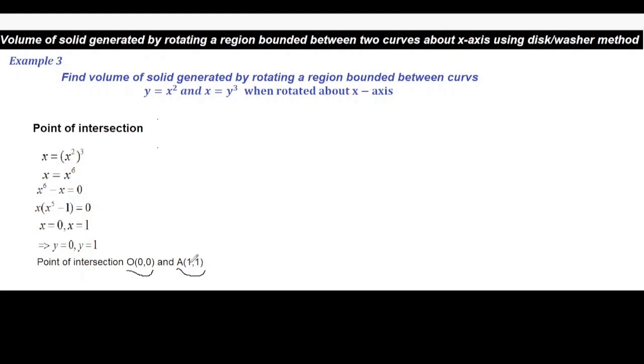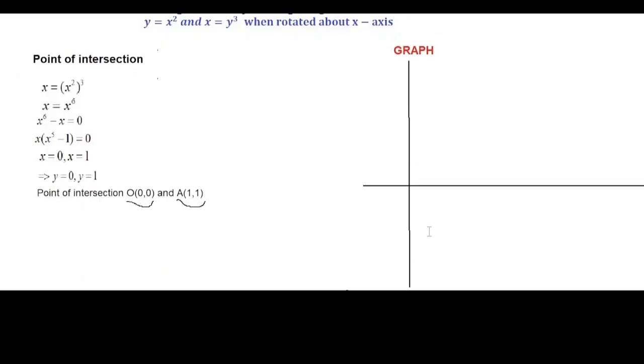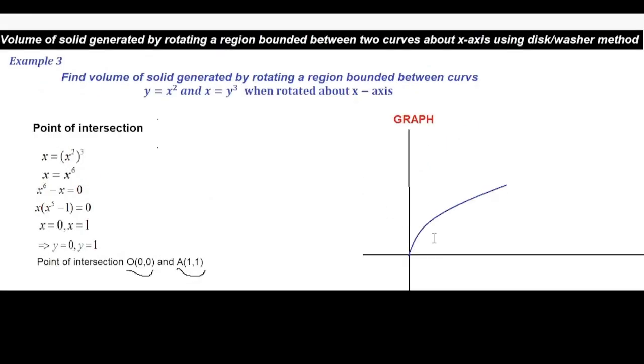So once we have these two points of intersection, now we can draw both the curves. To draw the curve, first we will start with the x-axis and the y-axis. And here is the graph. x is equal to y cube.